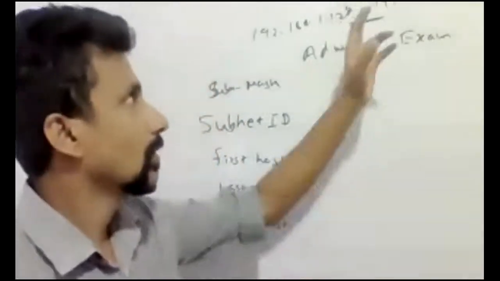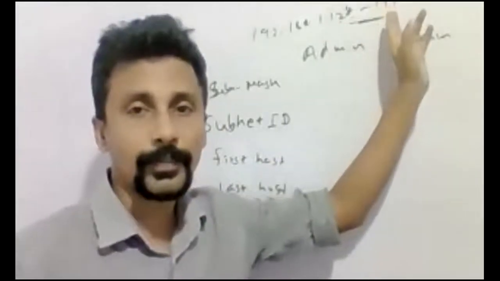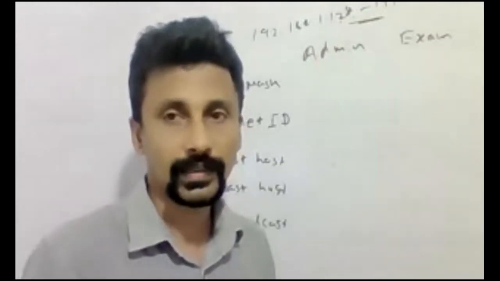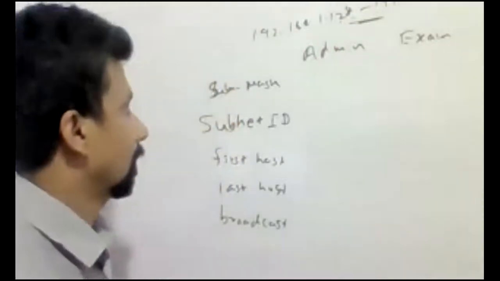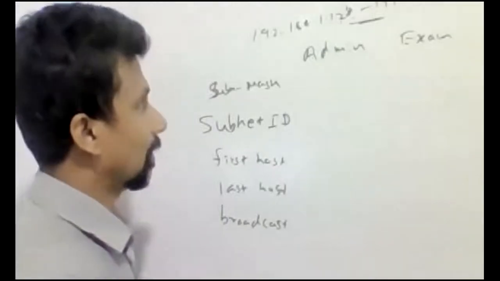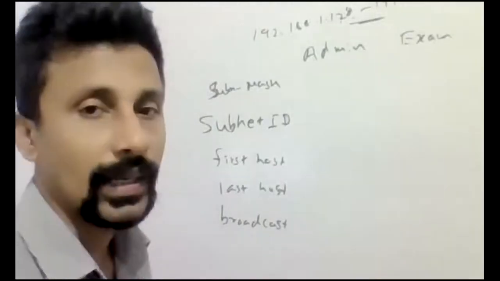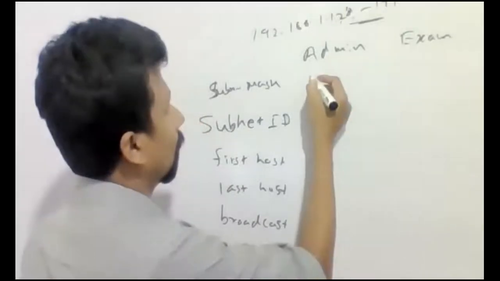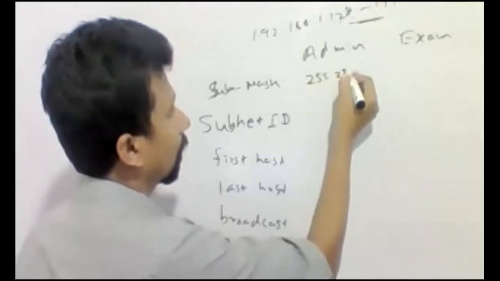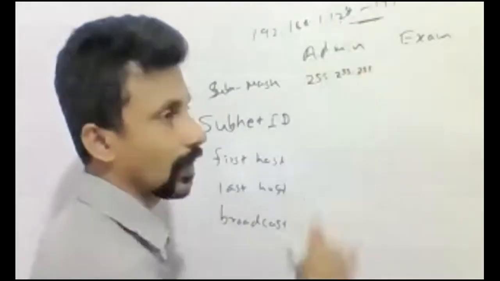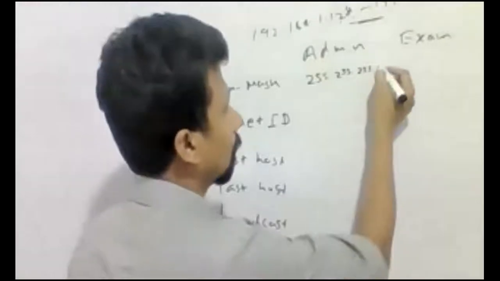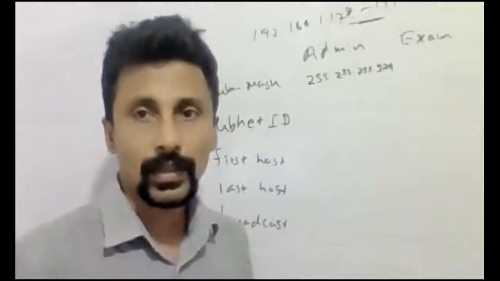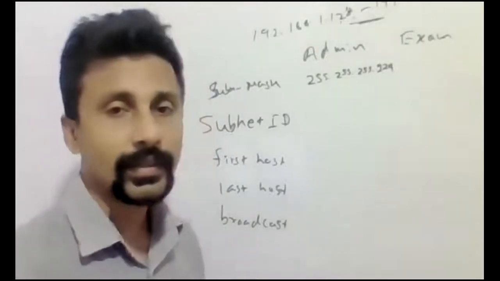It has gone up to 191, and the next part is what we have to take. So for admin, for the subnet mask you have to take 3 bits: 255.255.255 and with three bits that is 224. When you take 3 bits you can create 8 subnets.